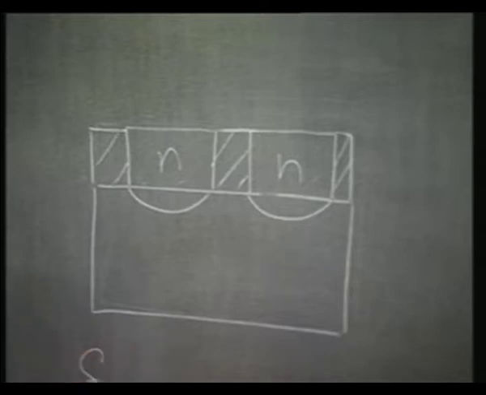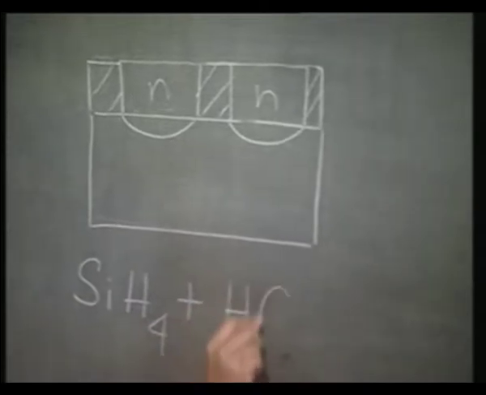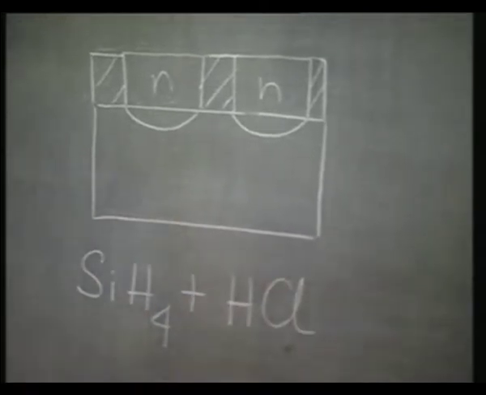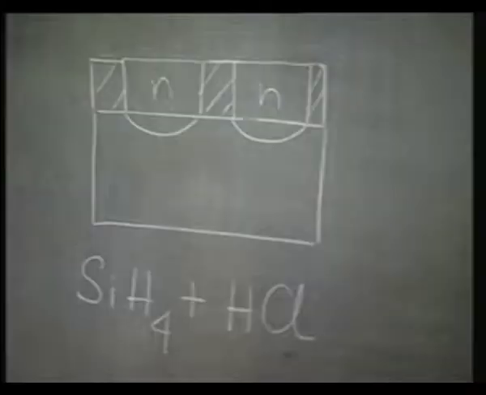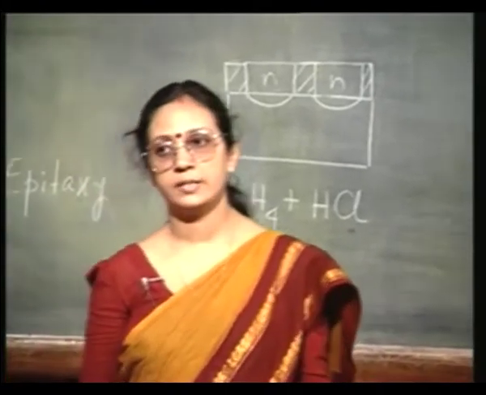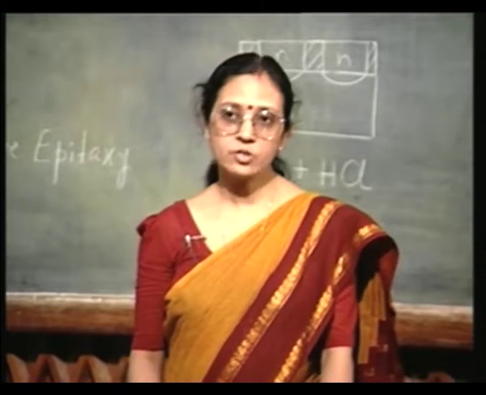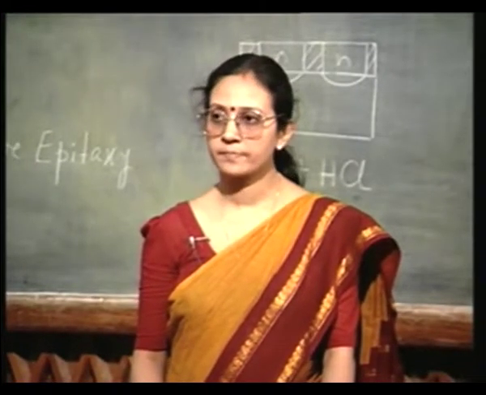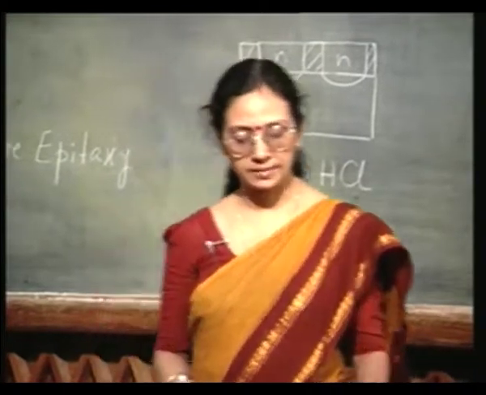So, you do epitaxy using silane. In addition to silane, you also put HCl, so that there is suppression of silicon formation on oxide. Okay. And you prefer a low pressure process. So, basically have a low pressure epitaxy.